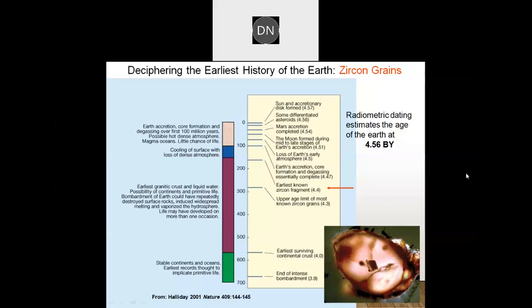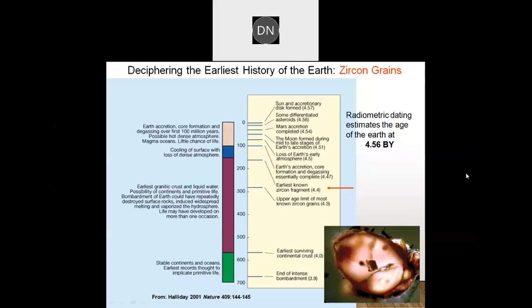Disappearing the earliest history of the earth, zircon grains. Just we know that the earth was early on a very hot sphere and some activities happened inside the sphere, like bombardment, and some chemicals, gases and other materials came from the earth and reactions took place in nature.